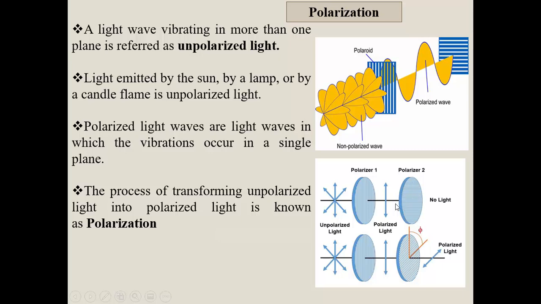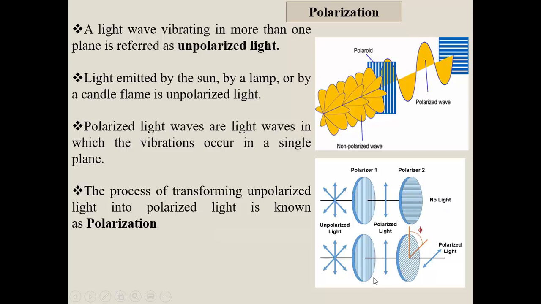So depending upon the direction of the axis of the analyzer, we'll be having either no light here or full light here. Say for example, in this case the second polarizer is perpendicular to the first polarizer, so you get zero light as output.